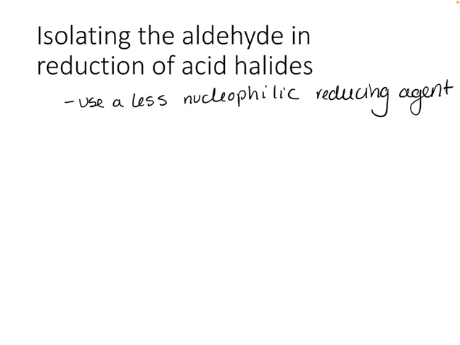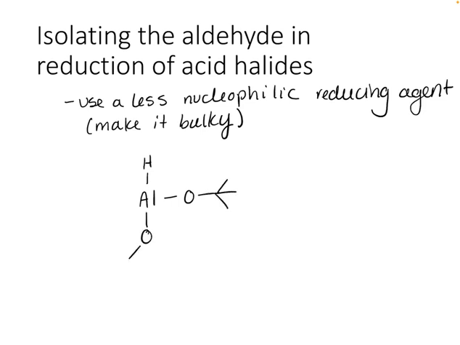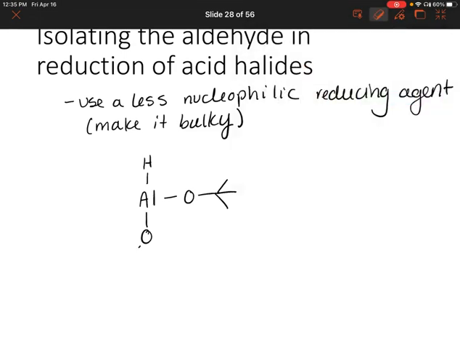In this case, we're going to make our nucleophile bulky. So we're going to still have one hydrogen bonded to aluminum, but the other 3 hydrogens will be replaced with tert-butoxide groups, also called butoxy groups. All right, and then we still have lithium hanging around to balance that charge.